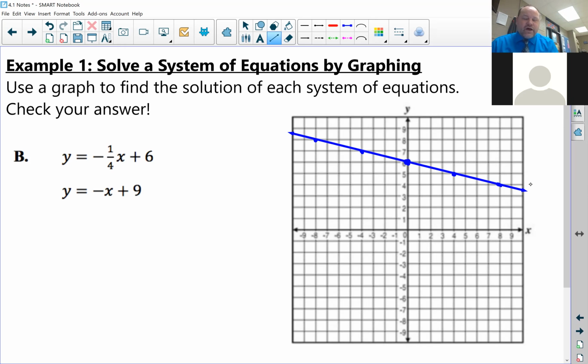Well, yes, because it goes down as we go from left to right. The second equation, we have a y-intercept of 9. What is the slope on my second equation?